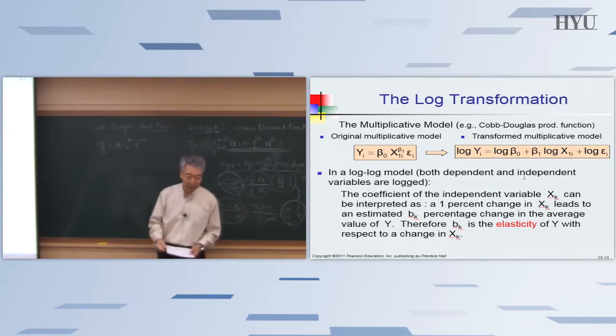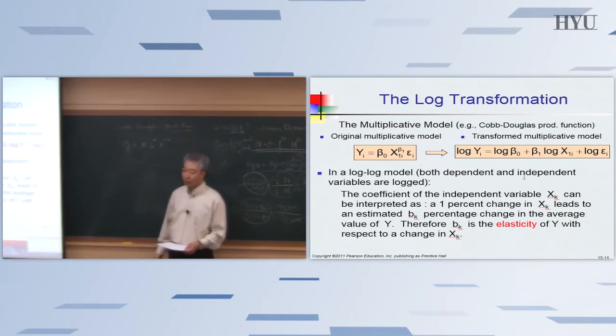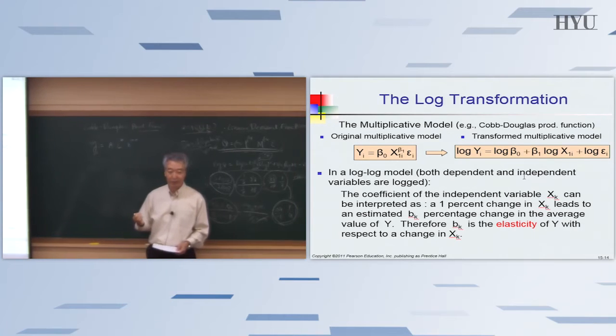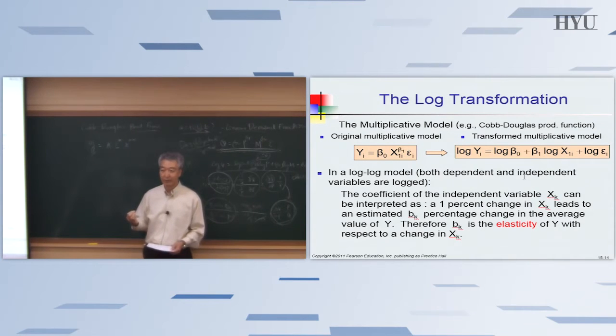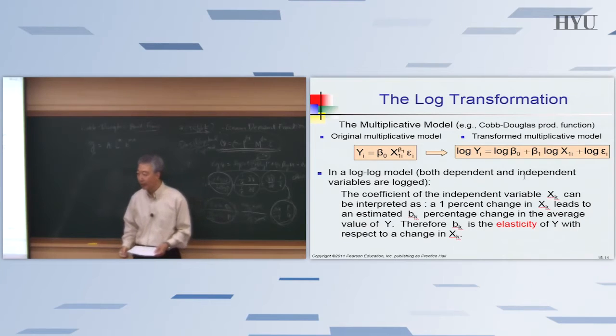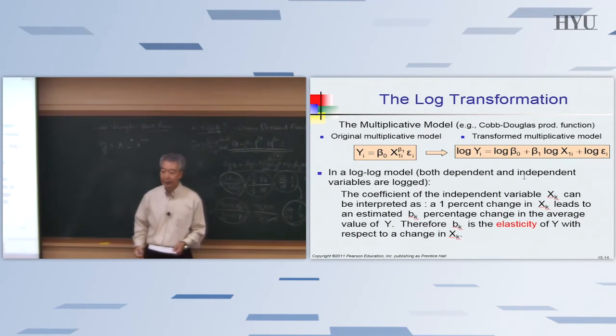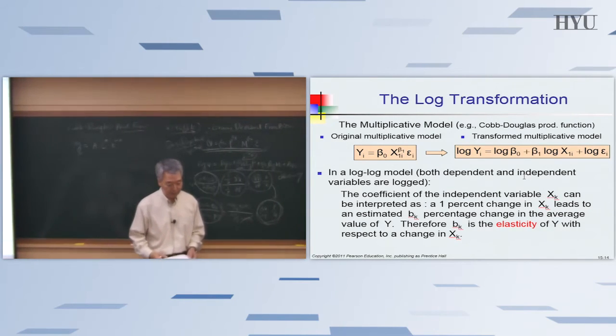Matter of fact, in macroeconomics, Y represents many things. Output, input, output, income, what else? Output and income. Anything else? Total demand. Yeah, okay, you can say that.